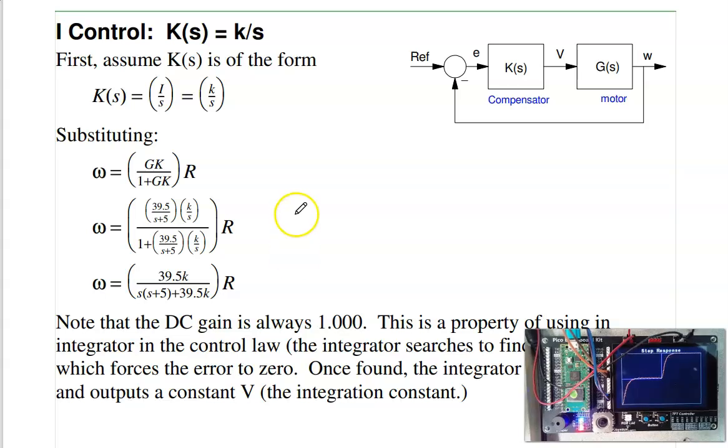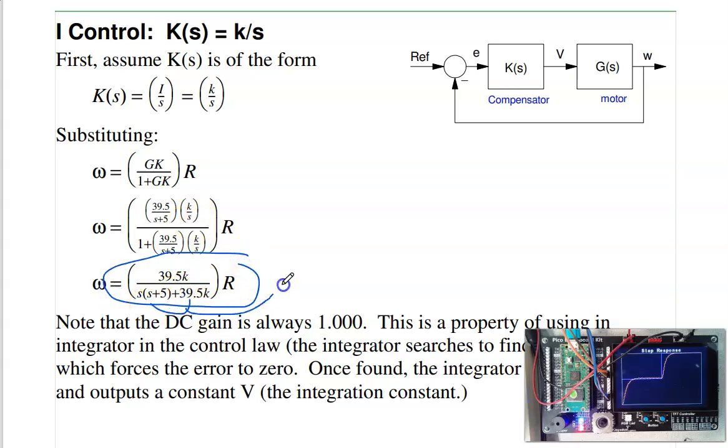Let's start with an I compensator, meaning this is just an integrator. Suppose this is an integrator with a gain of K over S. What should K be? Well, here's the transfer function. Here's G, there's K, K constant over S. Multiply by S times S plus 5 to clear the denominator, and I get this as the transfer function.